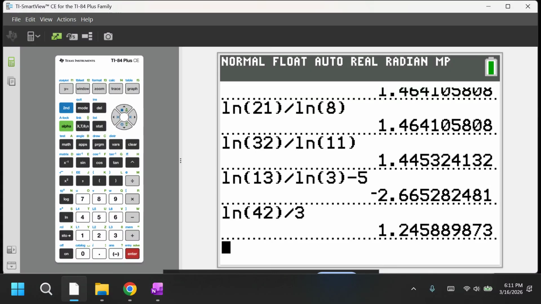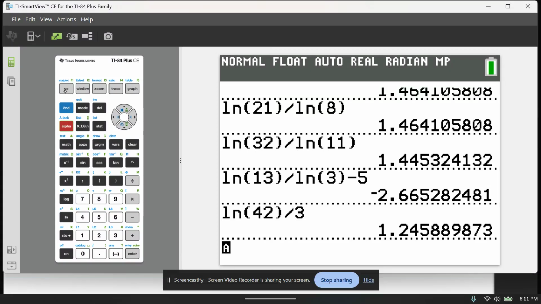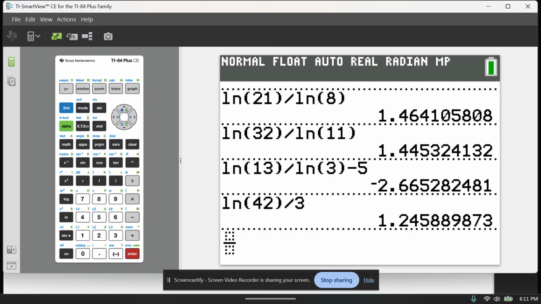So on my calculator, I'm hitting alpha y equals and getting the fraction button happening. And on the top, I'm going to put -5 natural log of 3. Close those parentheses. On the bottom, I had natural log of 7, close the parentheses, minus 2 natural log of 3.